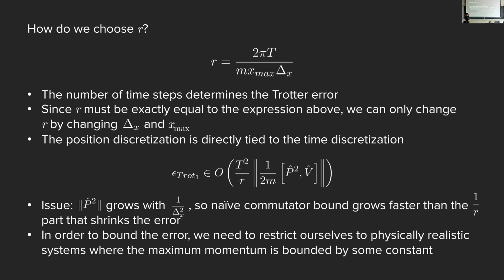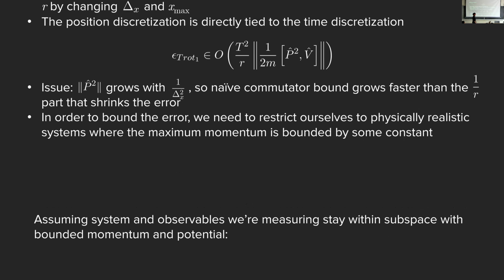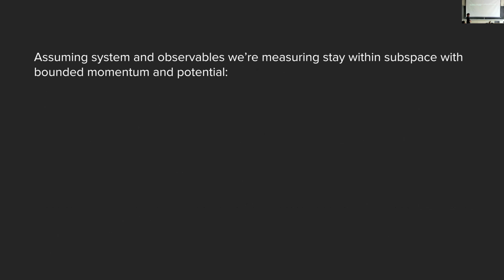Each Trotter time step is t squared over r squared, and since it's multiplied by r, it's t squared over r. We need to assume that the system and all the observables that we would be measuring on the final state stay within some subspace with bounded momentum and potential.